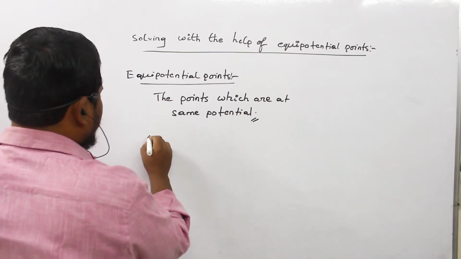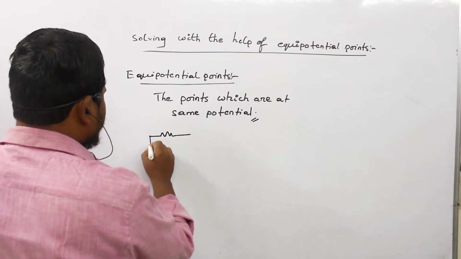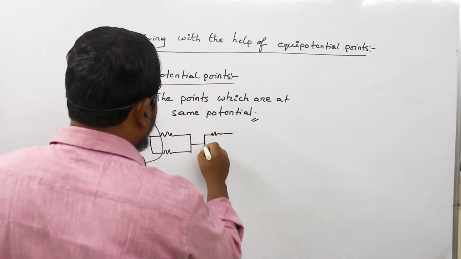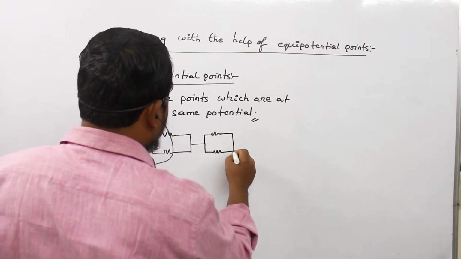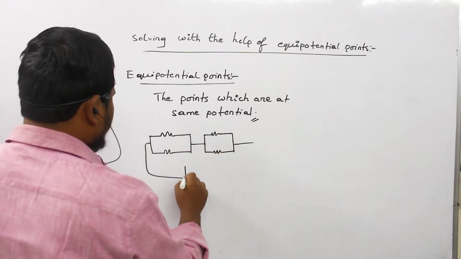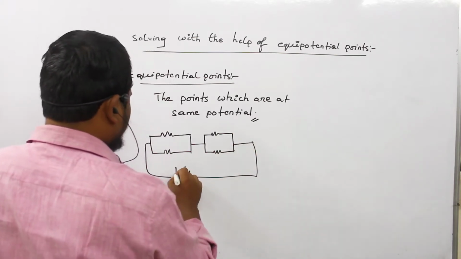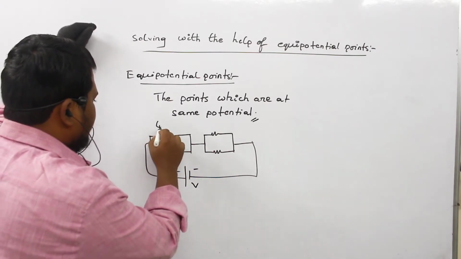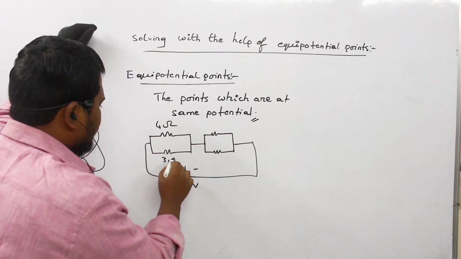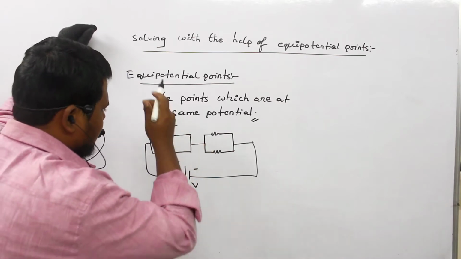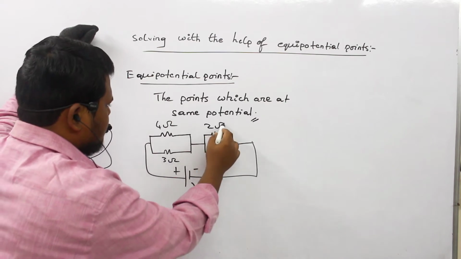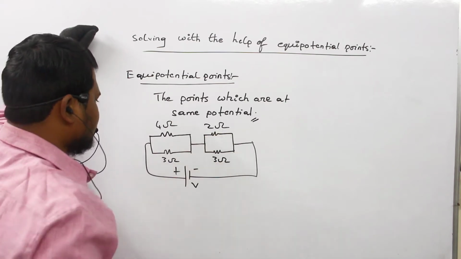For example, if I have a circuit like this, let it be 4 ohms and let it be 3 ohms. Then I can call this one 2 ohms and let it be 3 ohms.